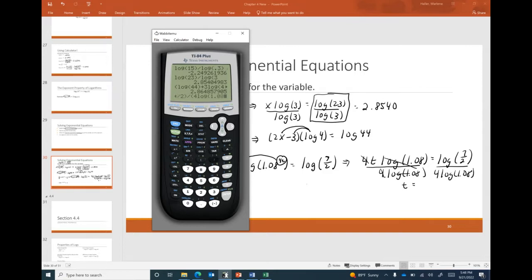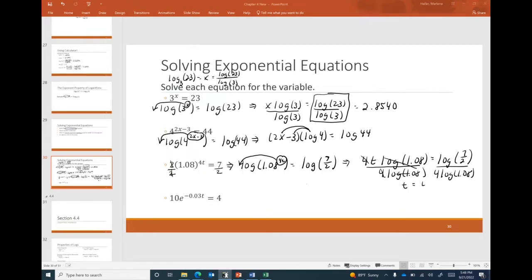I don't want my calculator to think that I want to divide by 4 and then multiply. I don't think it would, but I like to be explicit and make sure the calculator knows exactly what I want. There's my answer, 4.0695.